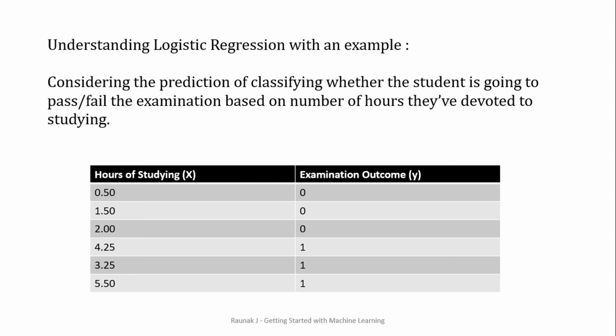So this is a supervised binary classification algorithm. Being supervised, it is going to learn from the data and then yield some output. So 0.50 hours per day, the examination outcome is 0, that is, the student has failed the exam. Similarly, this is just a generalized data, a simple example, but usually we use a massive example.